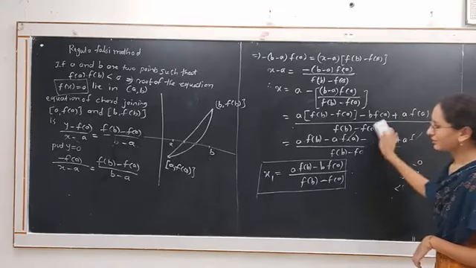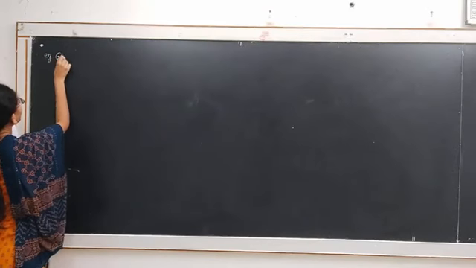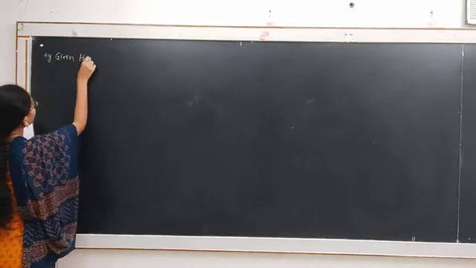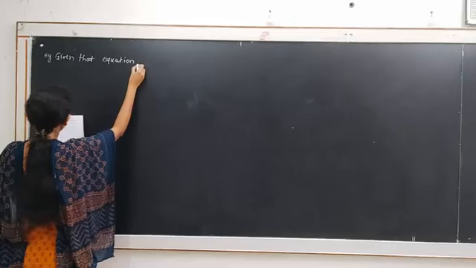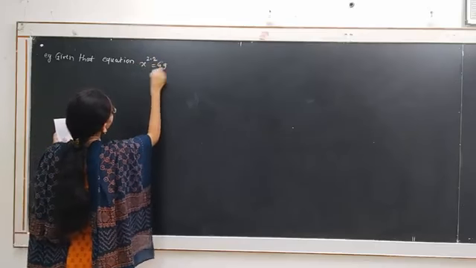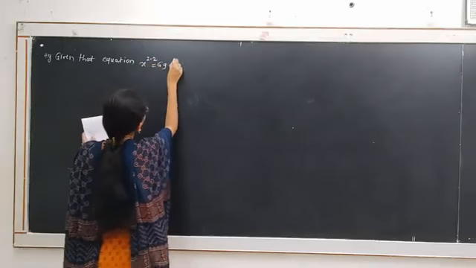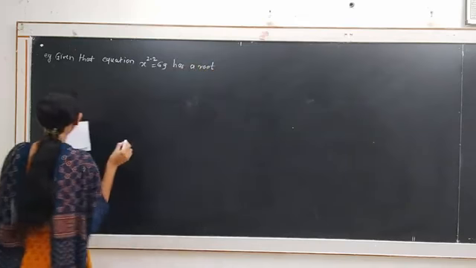Let us consider one example. Given that the equation x raised to 2.2 equal to 69 has the root between 5 and 8.